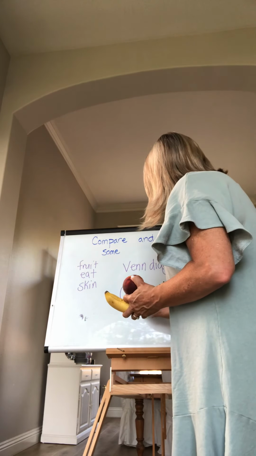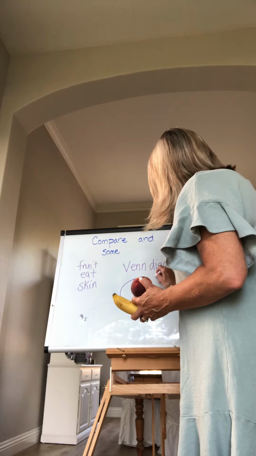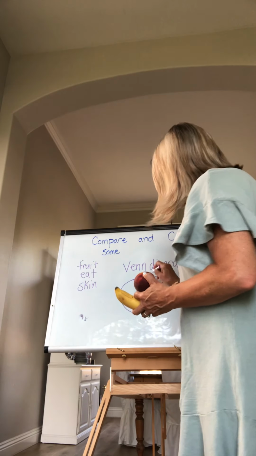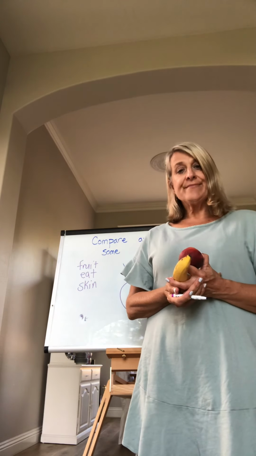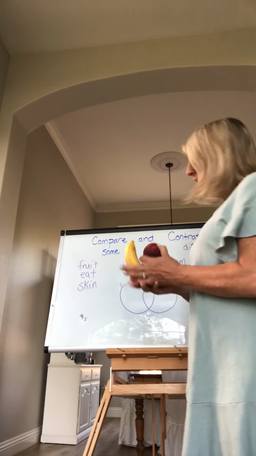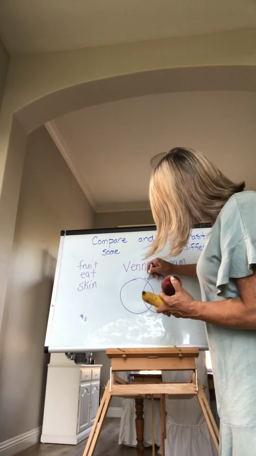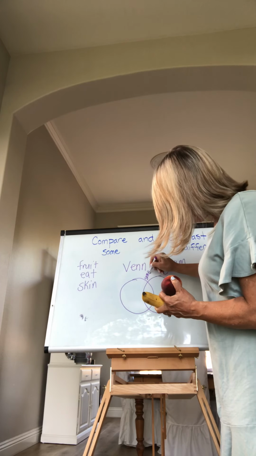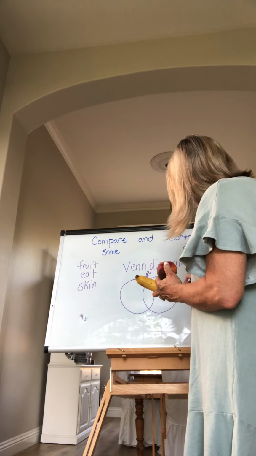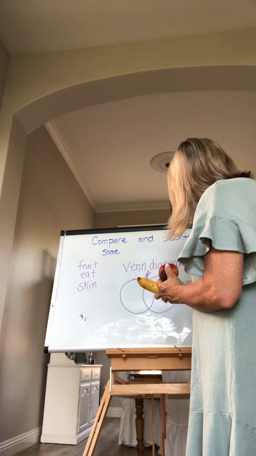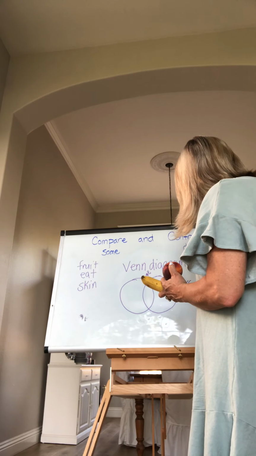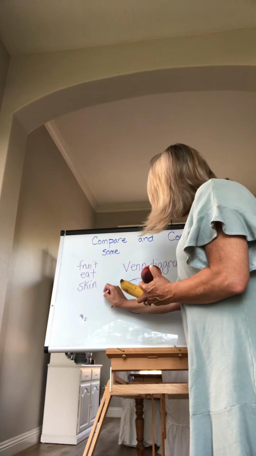So a Venn diagram has two circles. And what the two items have that are the same, that goes in the middle. And then the differences go here.